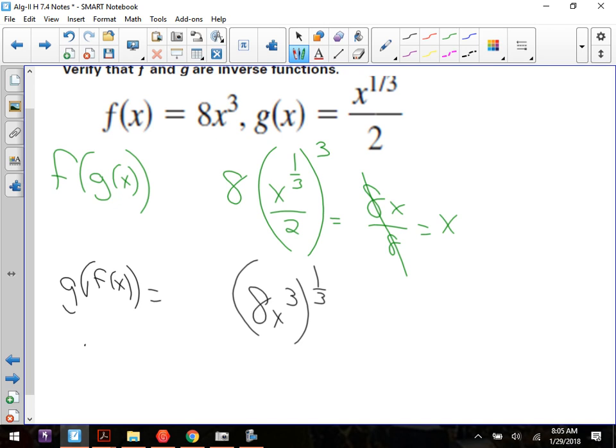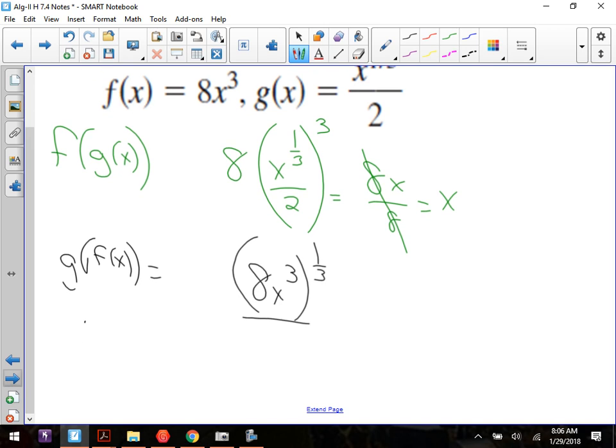Whereas some of the other things, like on that worksheet from last Thursday, some of those was just x to the 3rd. It didn't have anything else in front. There was no parentheses around it. So you have to make sure you be careful with parentheses. And what's the cube root of 8? What's the cube root of x cubed? X. So this one simplifies out to be 2x.